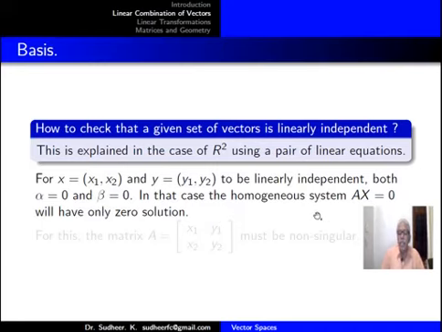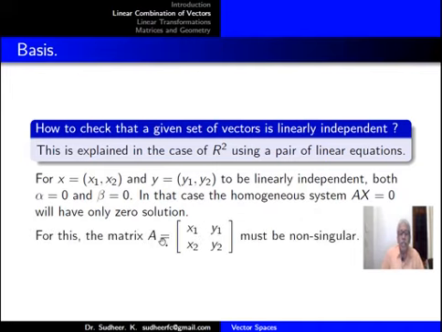In that case, the homogeneous system can have only 0 solution.